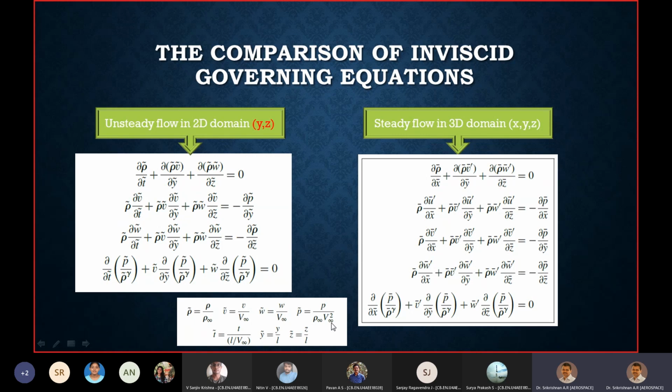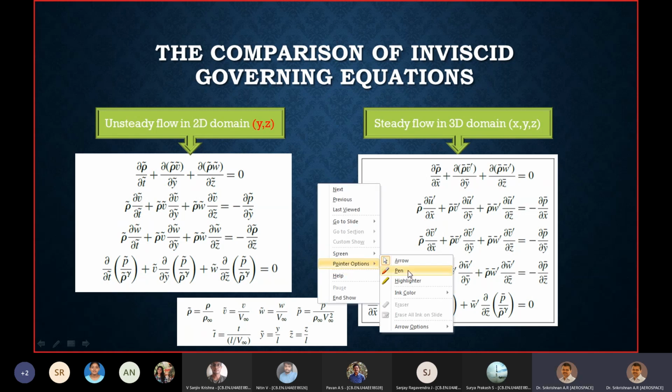So what I am presenting here is two sets of equations: one pertaining to a slender hypersonic body, and the other possibly where a solution exists. This is going to be the basis for our further discussions, striking an equivalence between the two.